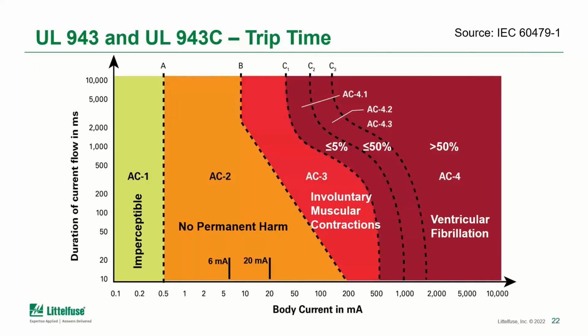Now, the reason I want to show this briefly, if you recall that inverse time curve we were just looking at on the slide before, you can imagine how that sits right here across that angled dividing line, that dotted line B. So that inverse time current curve selected by UL really tries to fit in here so that these GFCI devices can ensure that we're protecting against fibrillation and providing the best protection we can.